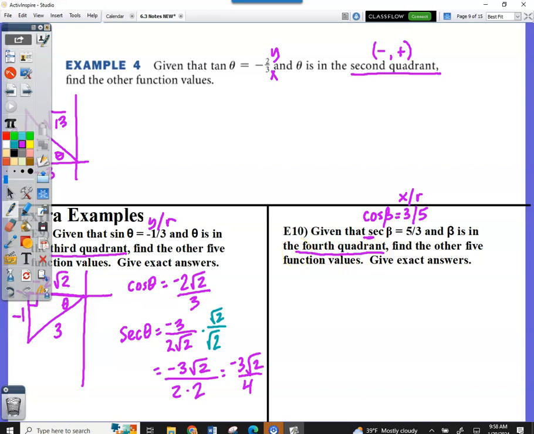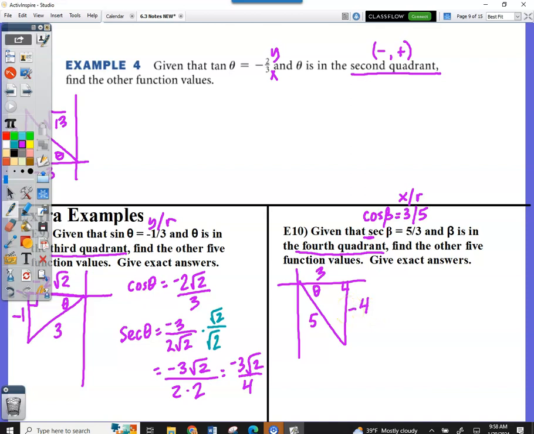So draw it. 1, 2, 3, 4. Do your little bow tie triangle. X is 3, R is 5. Pythagorean theorem, you should have found Y to be 4, but you're in quadrant 4, so it's negative 4. Watch your signs.